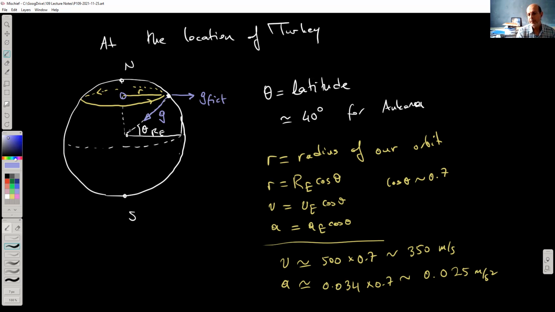For a person on the equator, the center of the Earth is basically also the center of their rotation. But for us, the center of rotation is somewhere on that axis. So because of that, fictitious gravity is not in the directly upward direction, it's making an angle. It's basically making an angle of 40 degrees with our vertical.